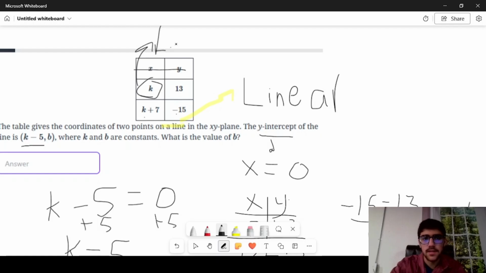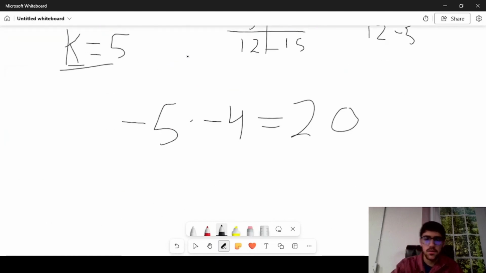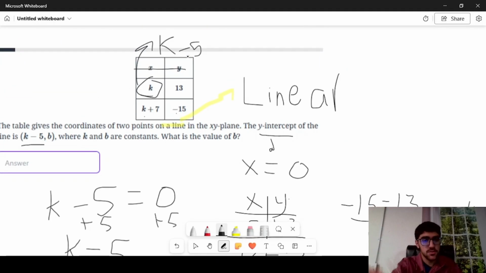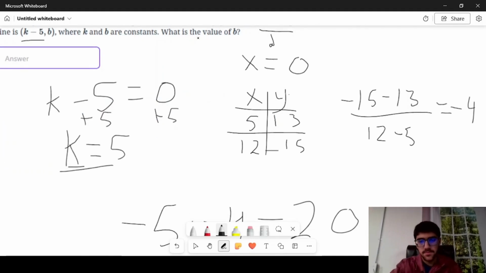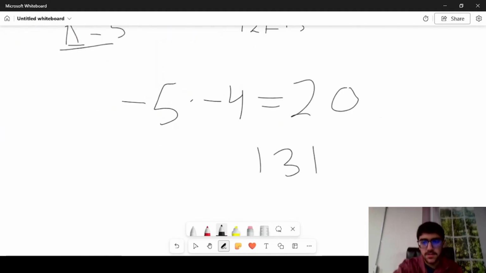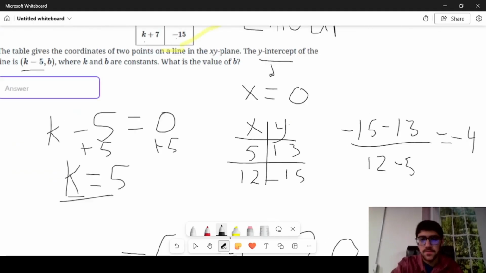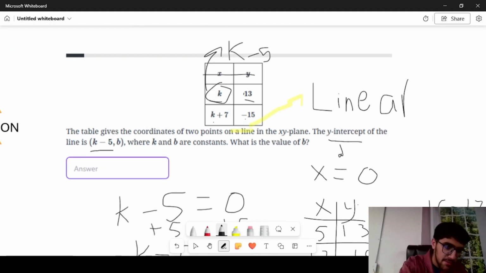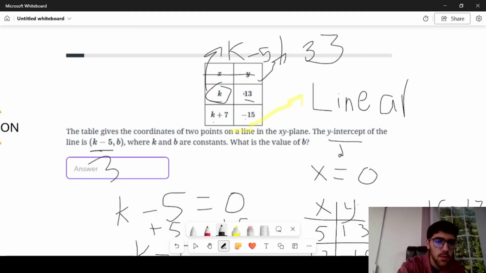The change from k to k minus 5 is 20. But it doesn't mean that k minus 5 is going to be 20. It means that the change is 20. So you start at 13, and then 13 plus 20 gives you 33. So on k minus 5, the value of y will be 33. Yeah, that was confusing.